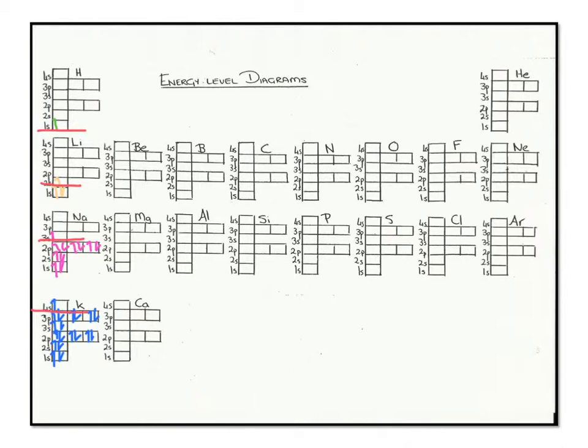Notice 1 electron, 1 electron, 1 electron, 1 electron. What do we know about this? This is group 1. It has 1 valence electron in its outer energy level.